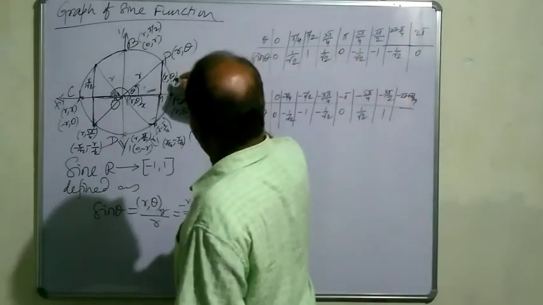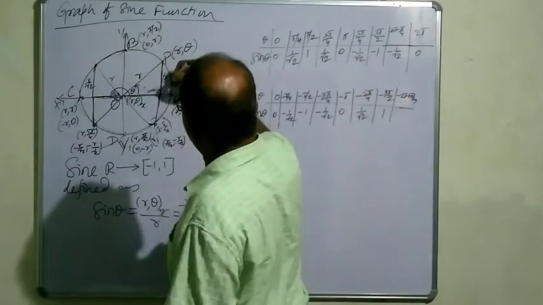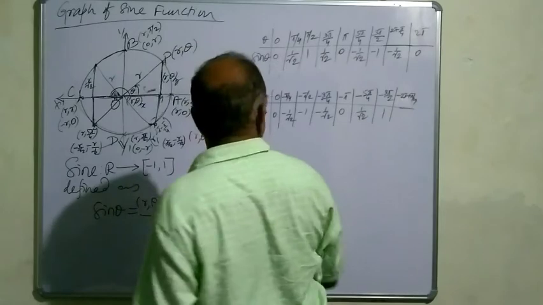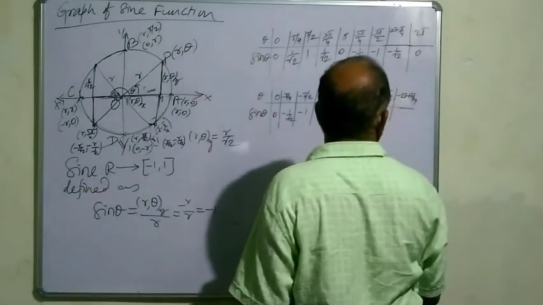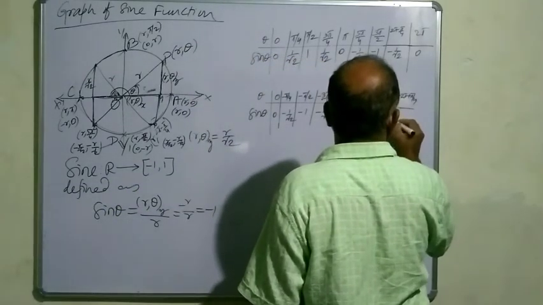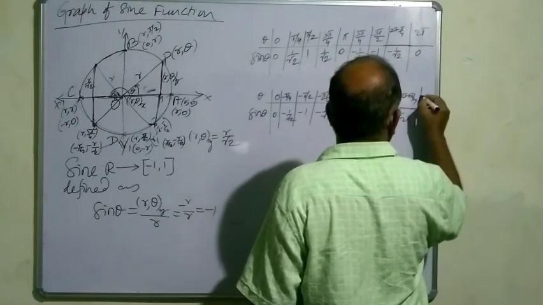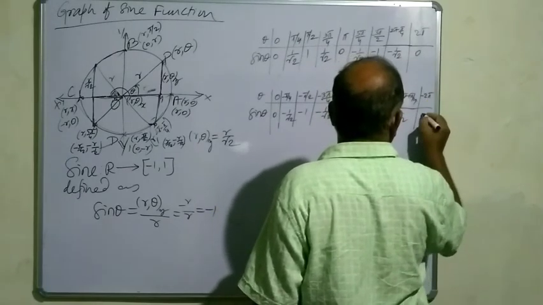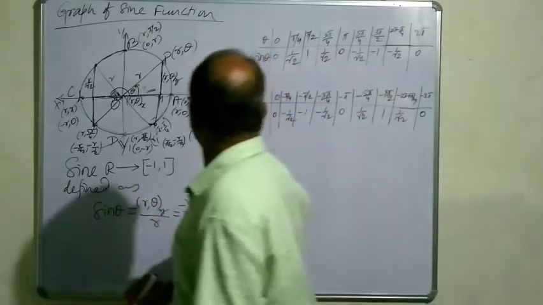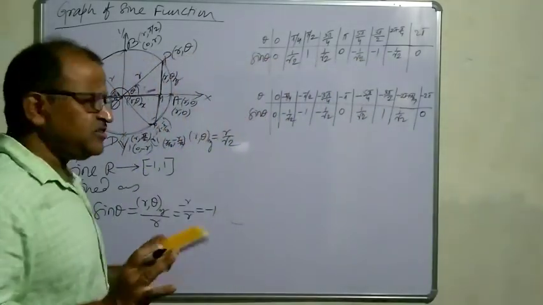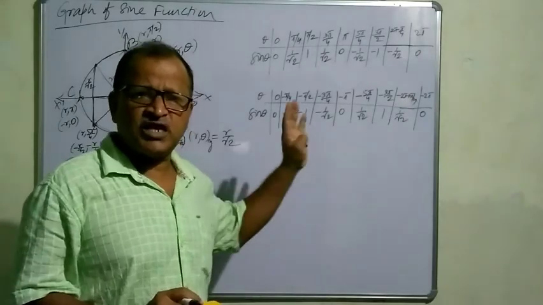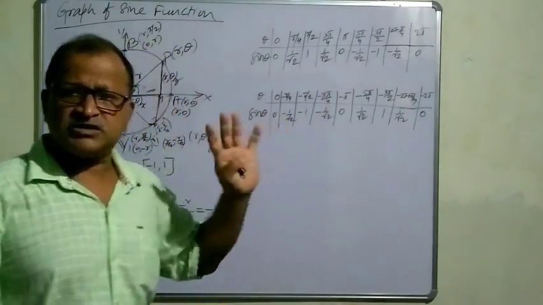This part, minus 2 pi, will complete one rotation, but here suppose minus 2 pi plus pi by 4, it will be what? It will be 1 by root 2. And when it completes the rotation, minus 2 pi, it will be again 0, right? And you see, these are the set of values we can observe on the sine function.